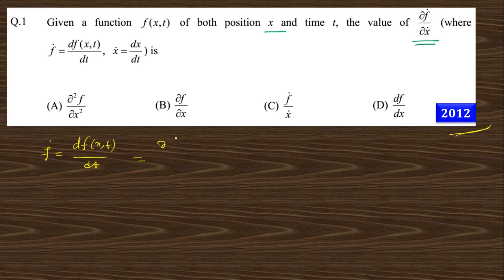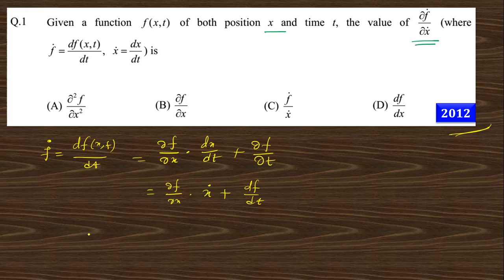This is nothing but del f del x into dx dt plus del f del t. So this is nothing but del f del x into x dot plus del f del t.